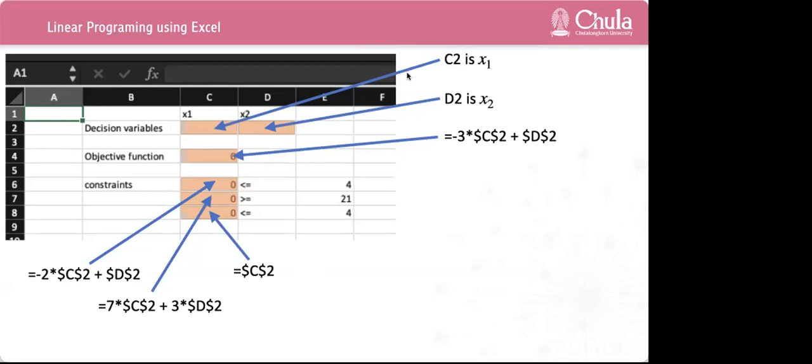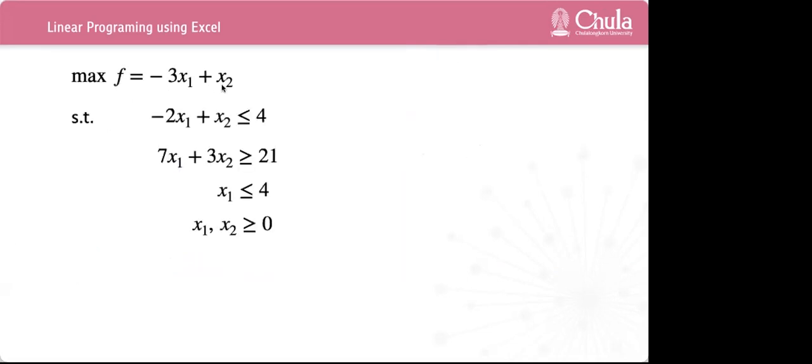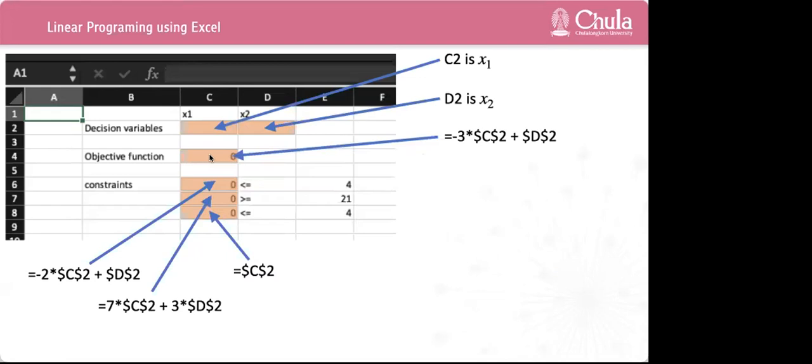For example, here I allocate C2 for x1, D2 for x2. C4 is the objective function, and I put the formula here. The objective function is minus 3x1 plus x2, so the formula is minus 3 times C2, plus D2.